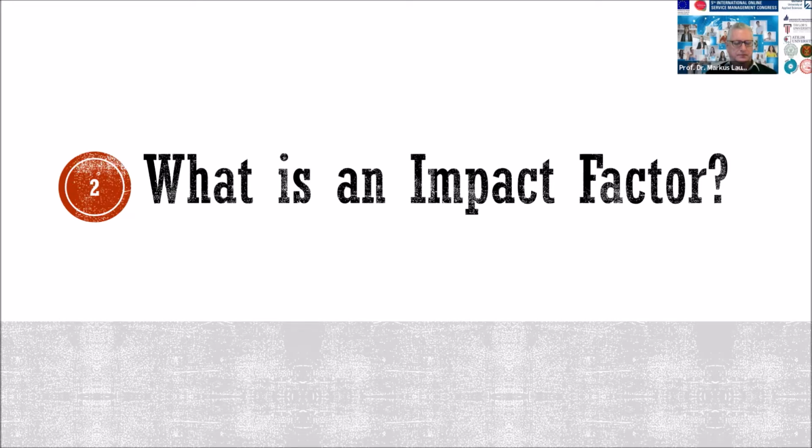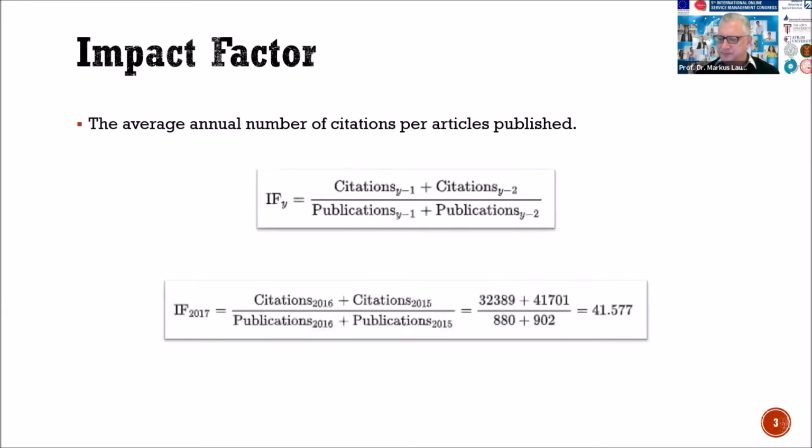First, we need to understand what an impact factor is before we go a bit forward in the presentation. So the impact factor is usually the number of citations in the previous 2 years divided by the number of publications in these 2 years.